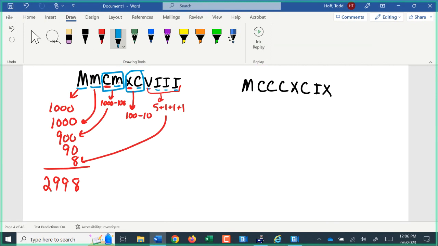So again, the first thing we should do is check to see which digits are positive or additive and which ones are being subtracted. So this M is followed by a C. Remember, the M is 1,000 and C is 100, so it's followed by a smaller digit. That's positive. This C is followed by another C, so they're all positive because they're all the same size.